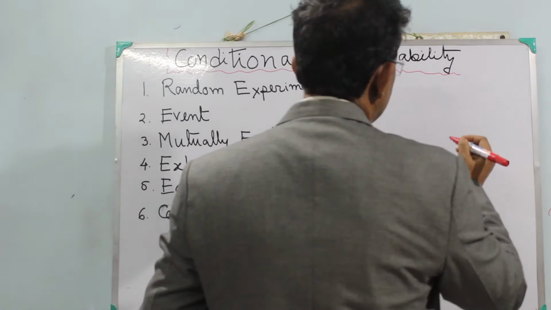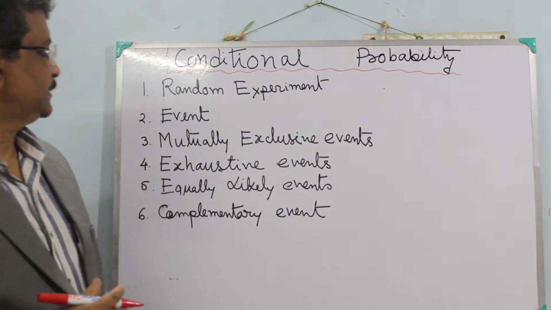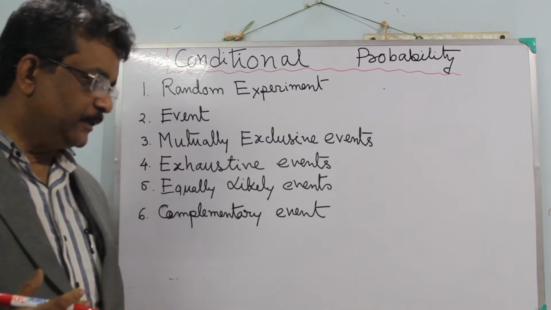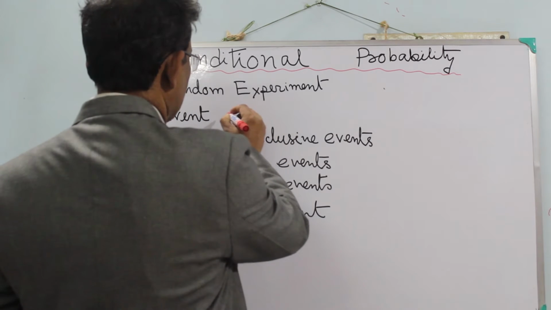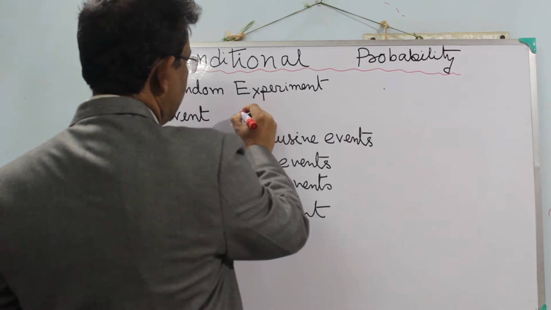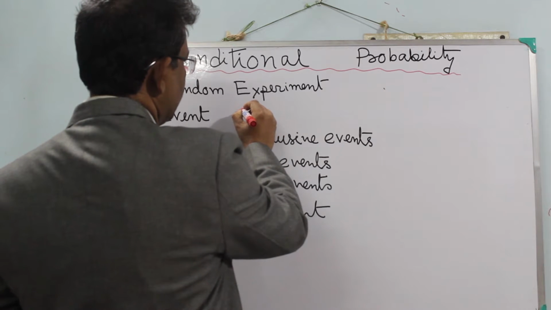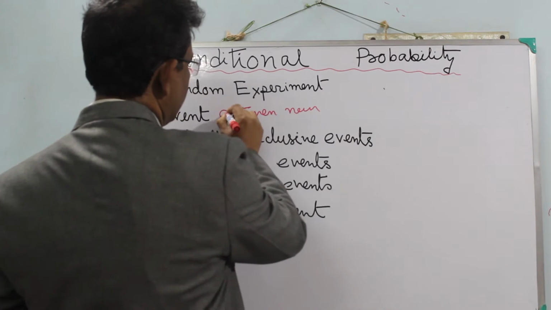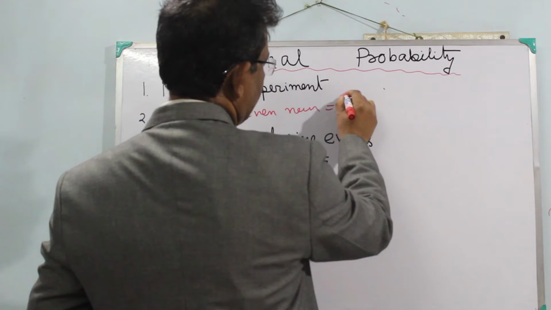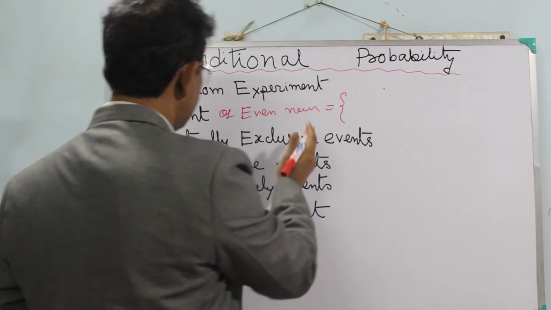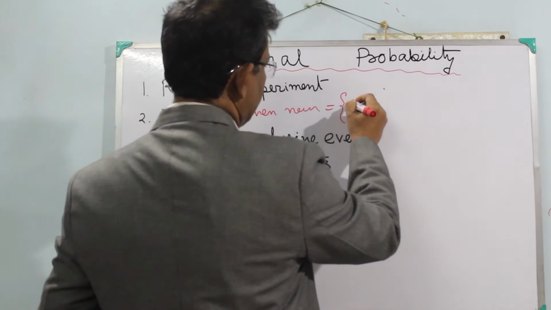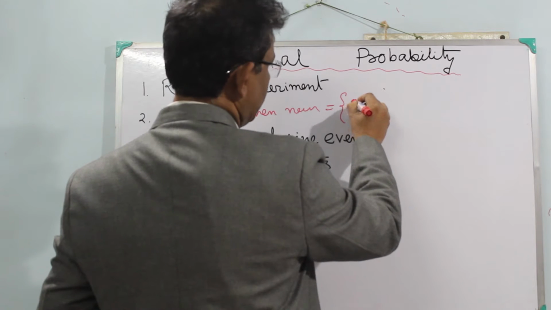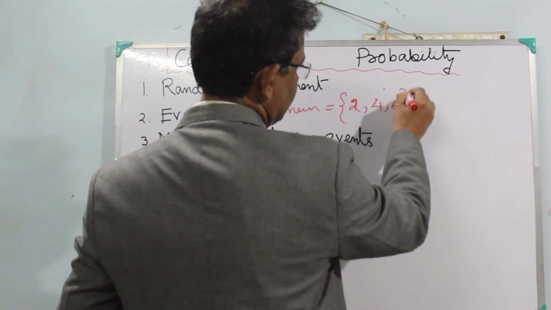If I want the event of an even number, then the outcome set in throwing a die is even numbers 2, 4 and 6.